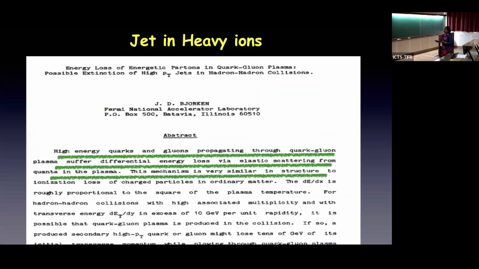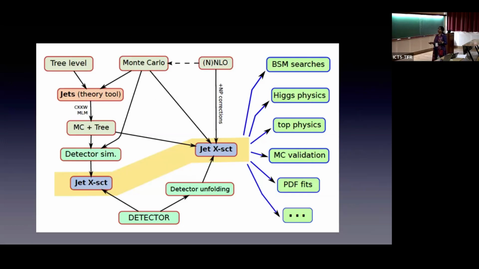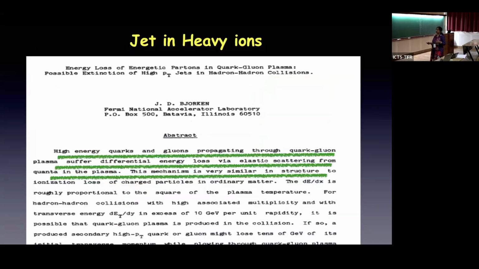Okay, but as I mentioned earlier, we have to see how jets behave in heavy ions, because all these estimations and measurements are done in PP collisions, or PP bar collisions, or EP collisions, where you don't have a medium.